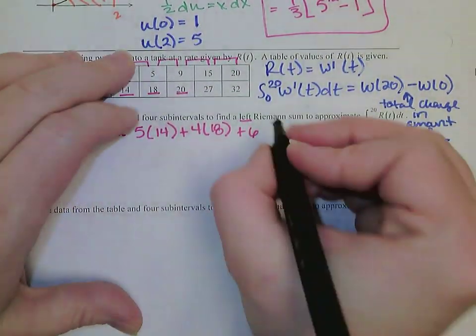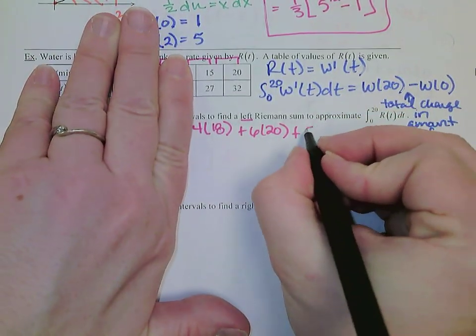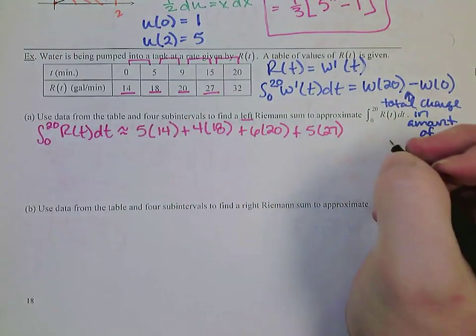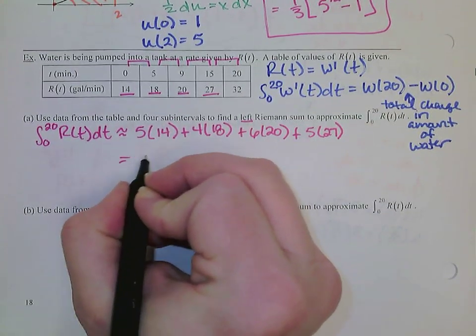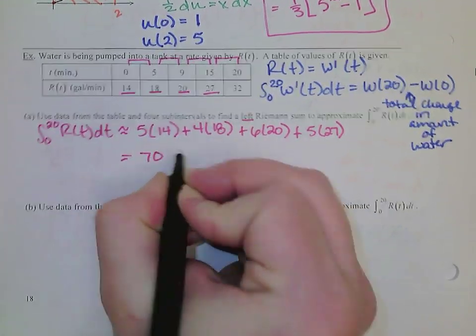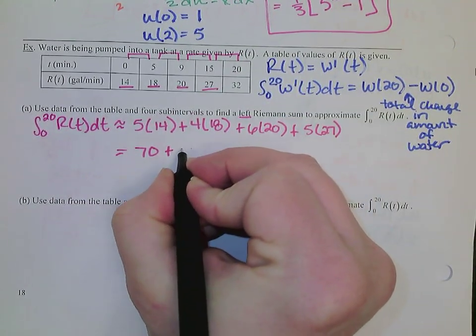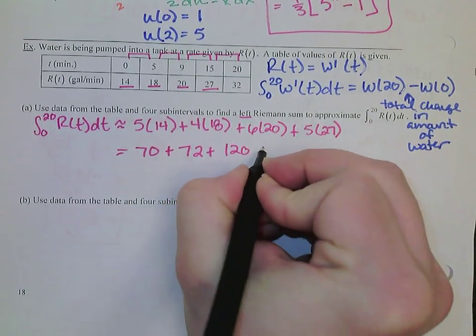And then finally, for our last subinterval, we have a width of 5, and our left function value would be 27. So we have 5 times 14, which is 70. 4 times 18 would be 72. 6 times 20 is 120. And 5 times 27 would be 135.